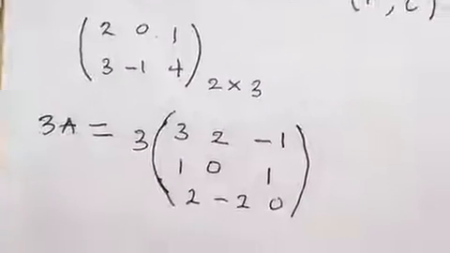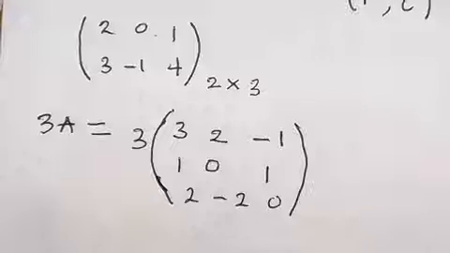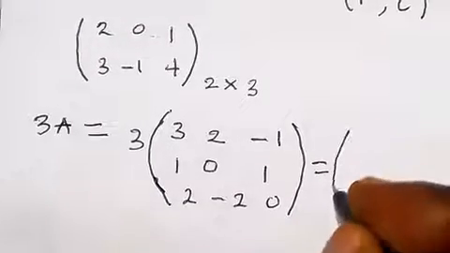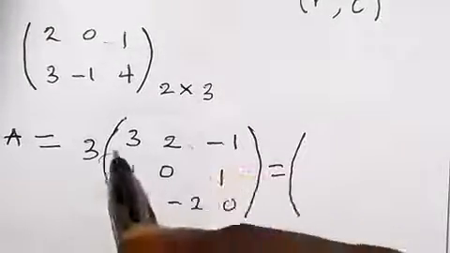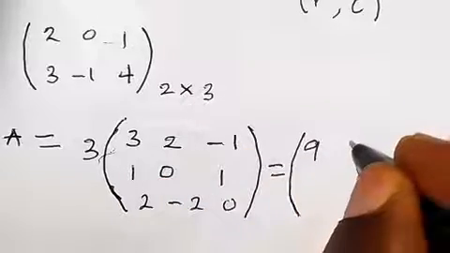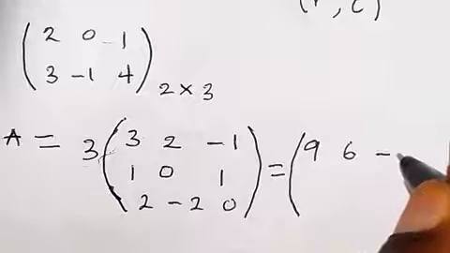So this is what they call scalar multiplication. So 3 will multiply each. 3 times 3, that's 9. 3 times 2, that's 6. Then 3 times minus 1, that's minus 3.